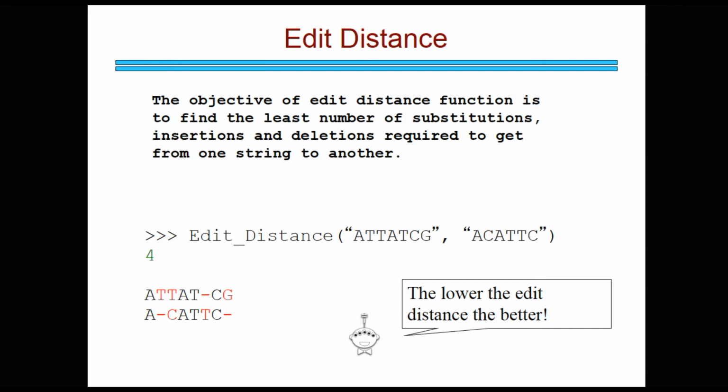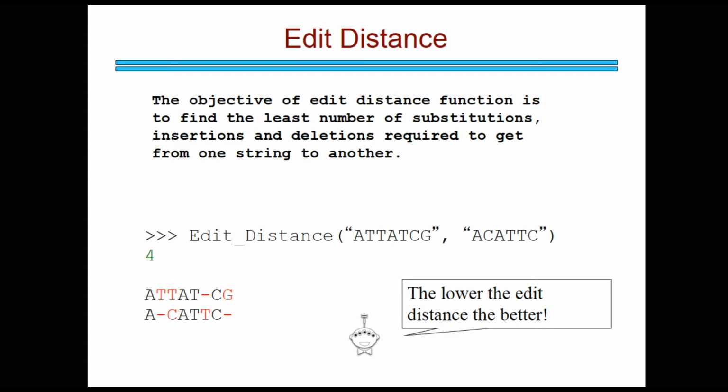For instance, the edit distance between these two strings is 4 because the first characters of these two strings are the same. We skip to the second character.